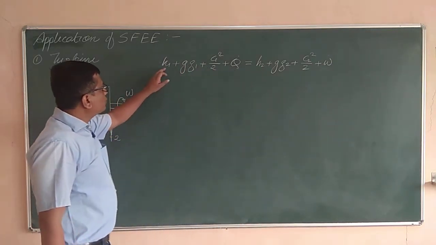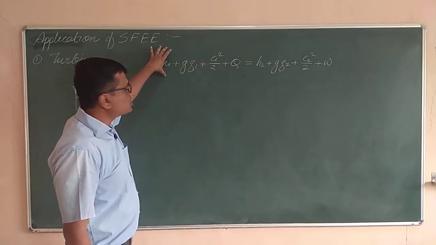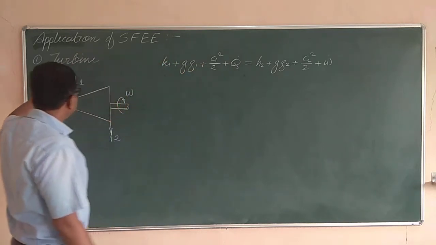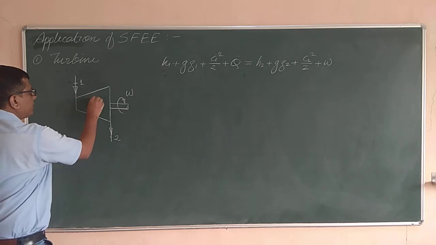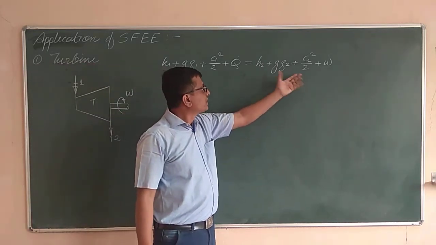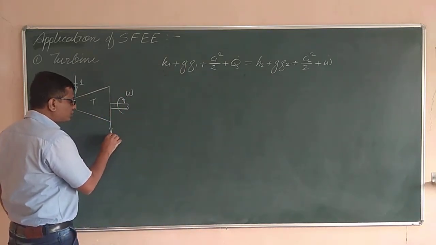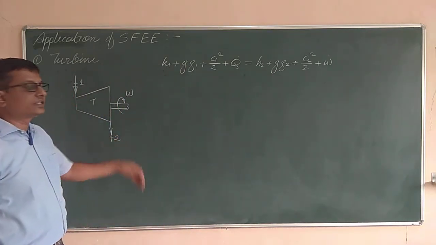The left hand side of this equation represents the total energy of the fluid before entering into the turbine, whereas the right hand side represents the total energy possessed by the fluid at section 2 when the fluid is leaving the turbine.